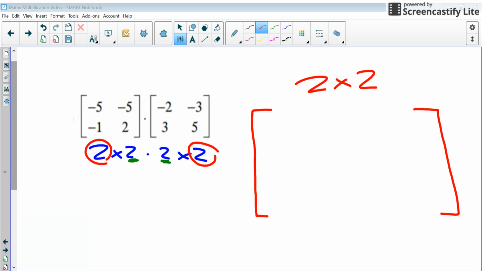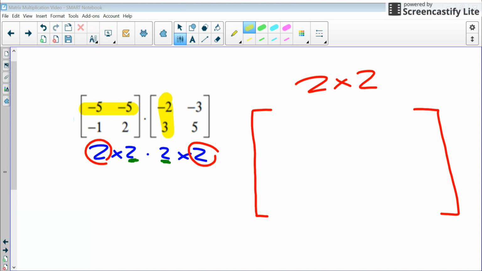So this one's a little trickier, but the way I think about it is you take the row of the first one. So I'm taking the top row of the first one and the left column of the second one. Together, that row and that column are going to tell me the top left entry of my matrix.